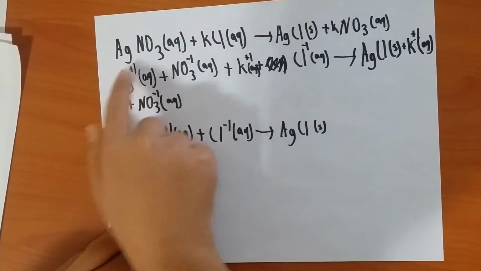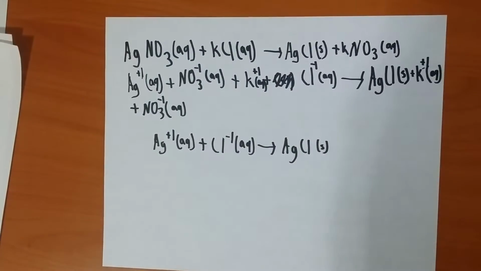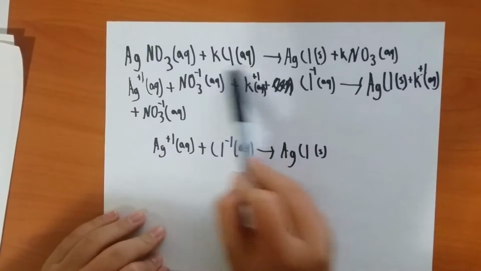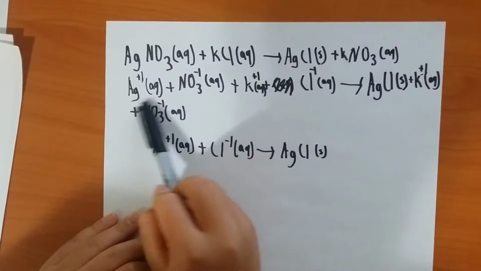Right here it says AgNO3 aqueous plus KCl aqueous yields AgCl solid plus KNO3 aqueous. Now this we separate here.